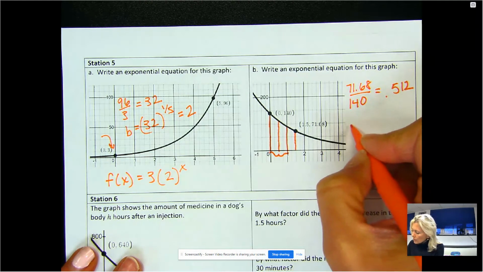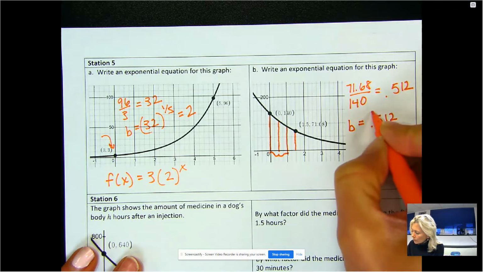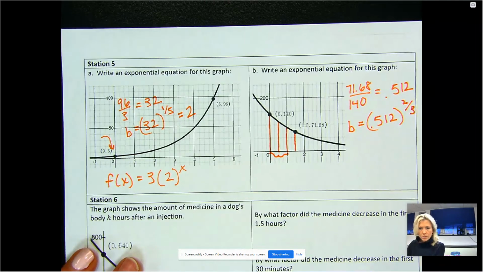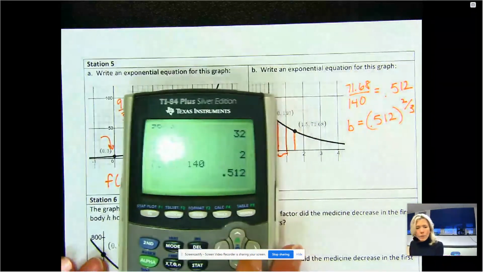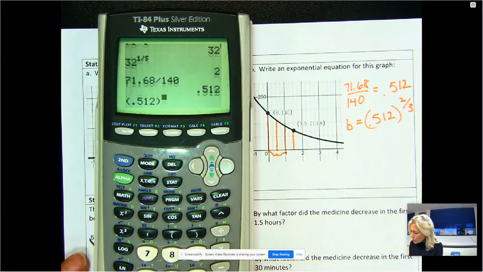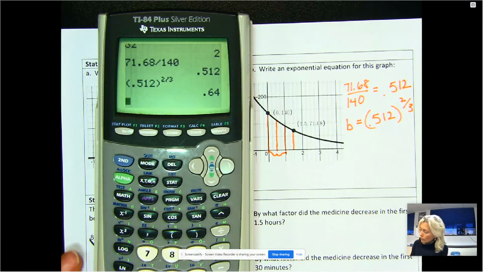And so that tells me that B is equal to 0.512 to the 2/3. Okay, 0.512 to the 2/3 is equal to 0.64.